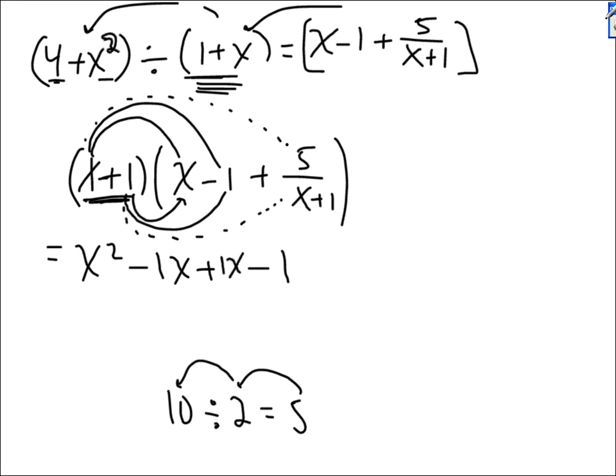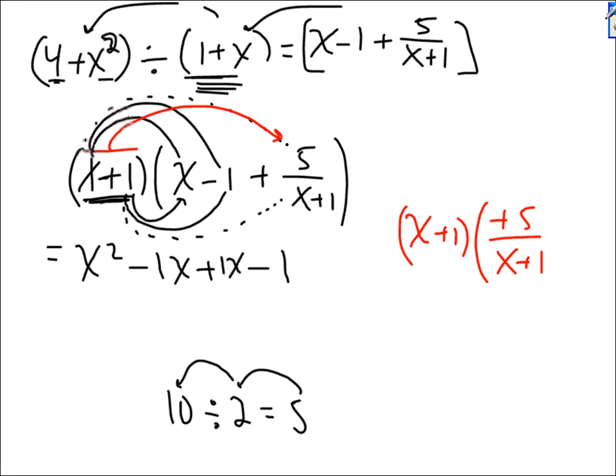Well, I'm going to do it all at once. This whole thing times 5 over x plus 1. x plus 1 times a positive 5 over x plus 1. The x plus 1's cancel out, and you just get plus 5. Okay?